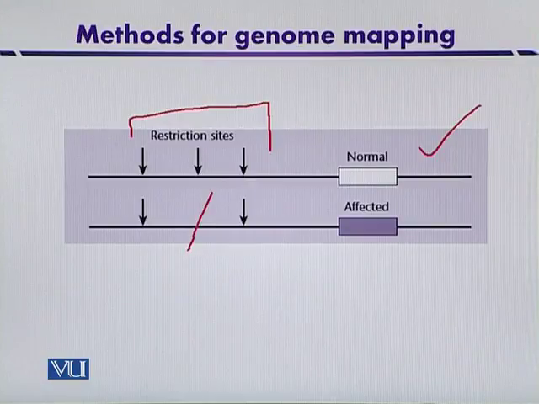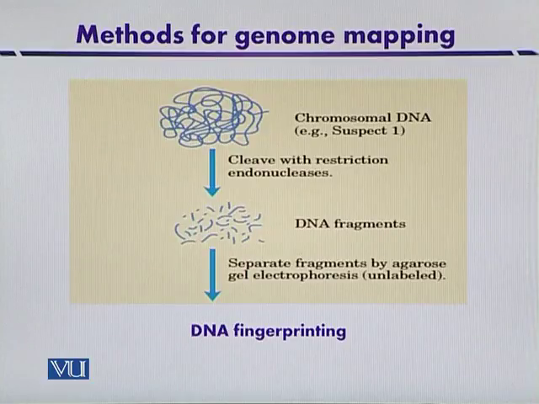In this case the number of fragments that will be produced is different, so we can exploit such variations to study the locations of different genes. This diagram outlines how polymorphic situations can be exploited.